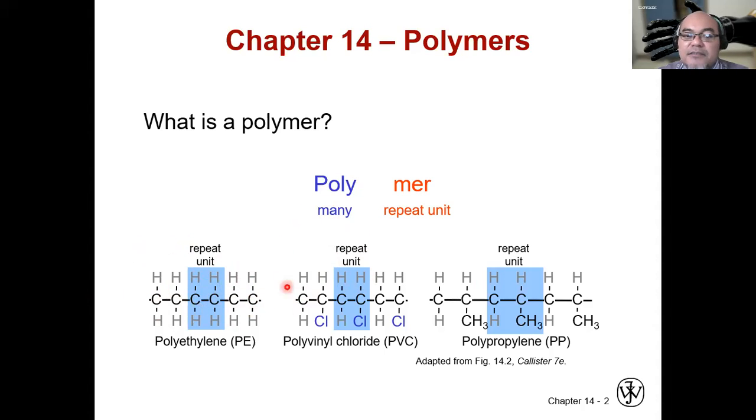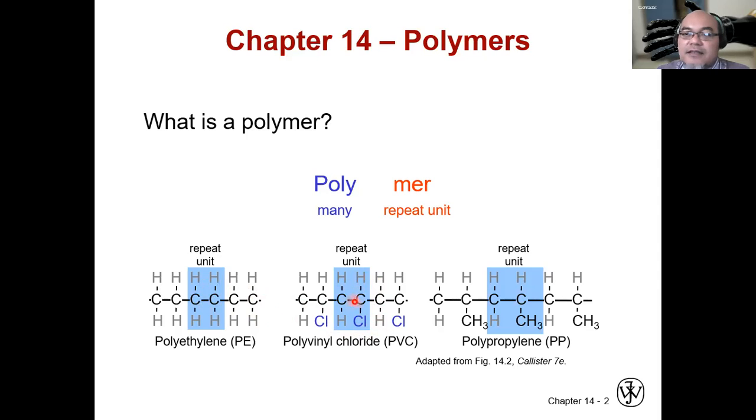Another example here is polyvinyl chloride. This has an additional atom, a chlorine atom from group 7 in the periodic table, which is very electronegative. The chlorine may replace one of the hydrogen atoms in the normal ethylene and makes what we call vinyl chloride.